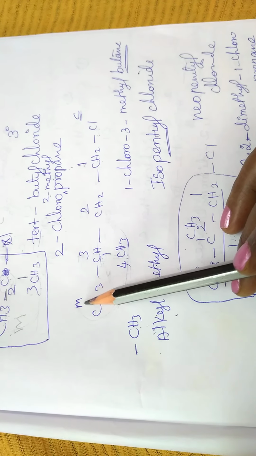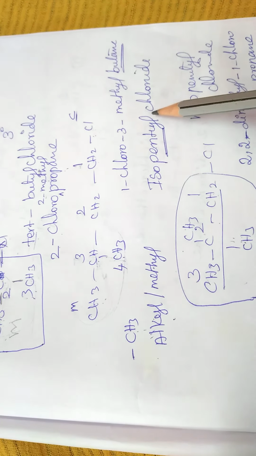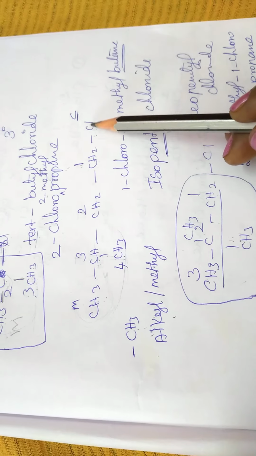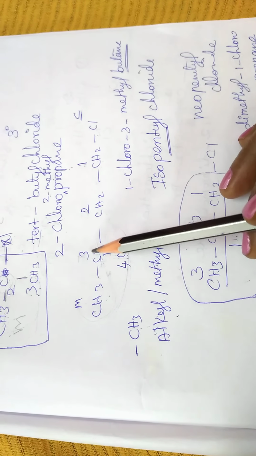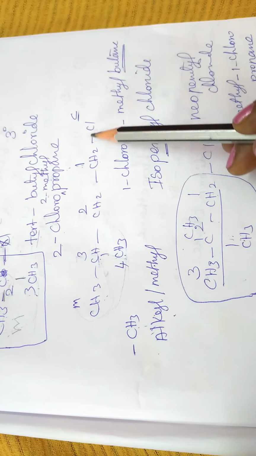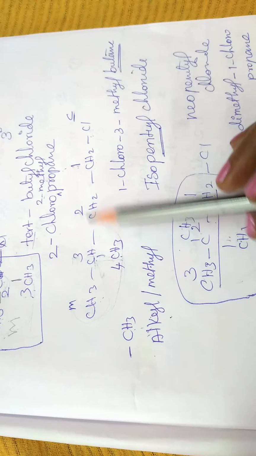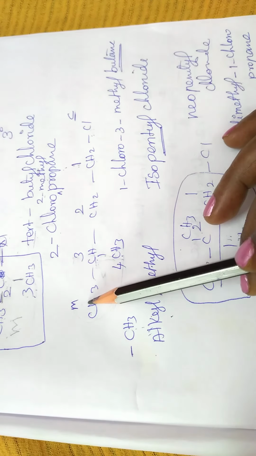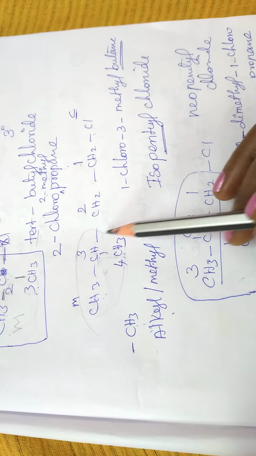So what is the IUPAC name of this? 1-chloro in the first carbon chlorine, third carbon methyl: 1-chloro, 3-methyl butane.